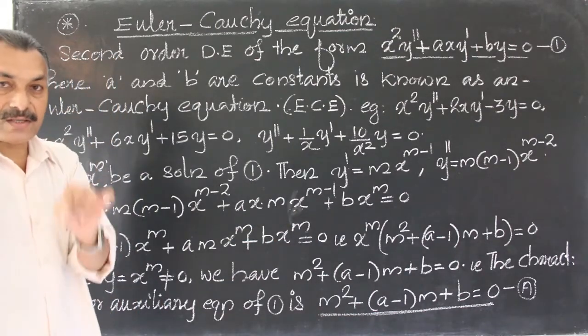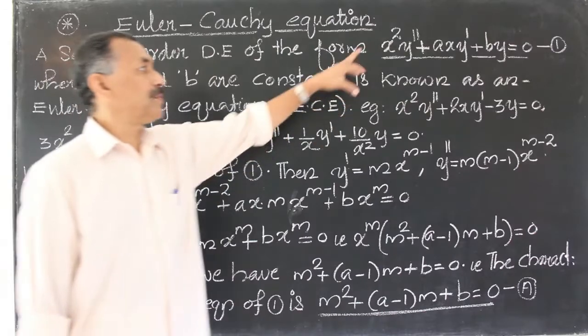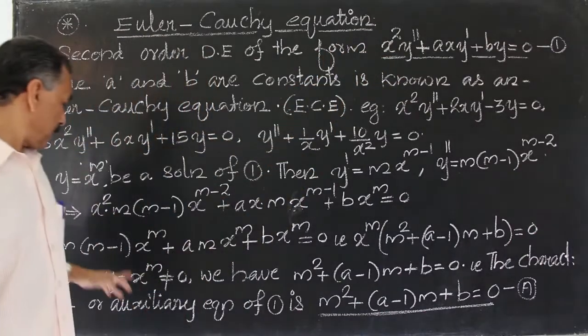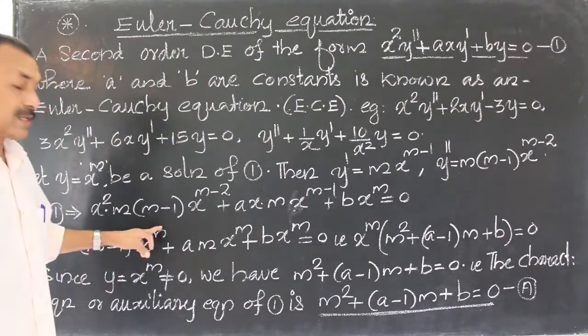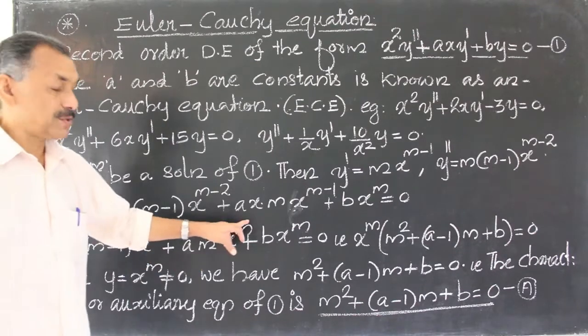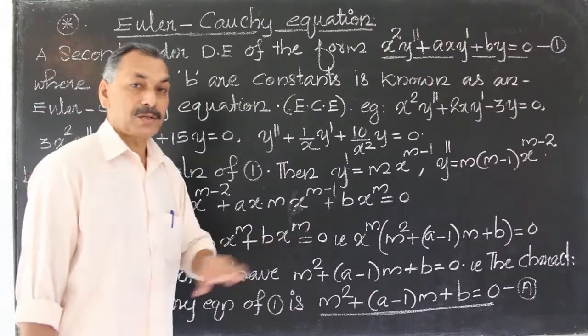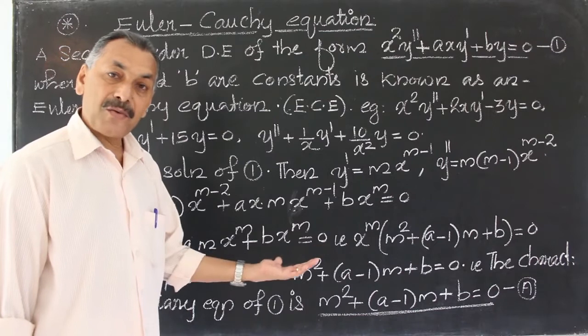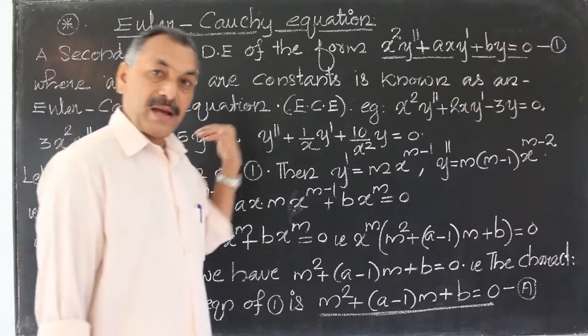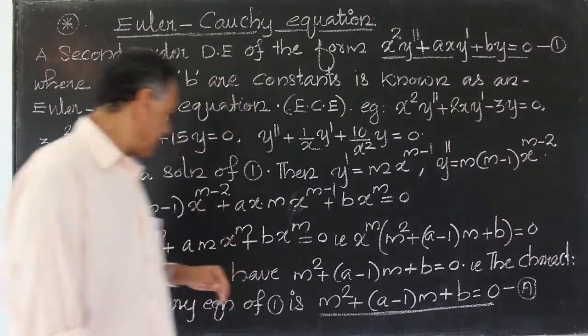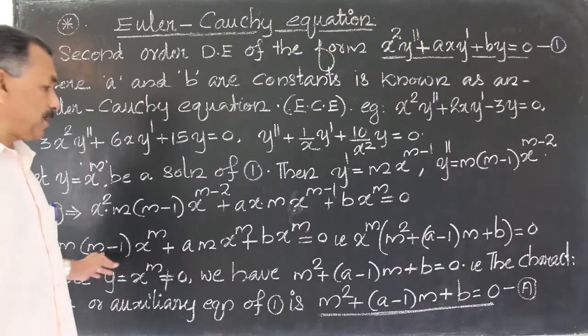If y is equal to x raised to m is a solution, then m into m minus 1 x raised to m plus a m x raised to m plus b x raised to m is equal to 0. The common factor is x raised to m.